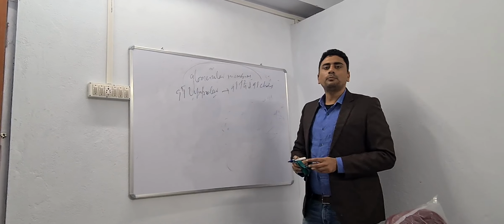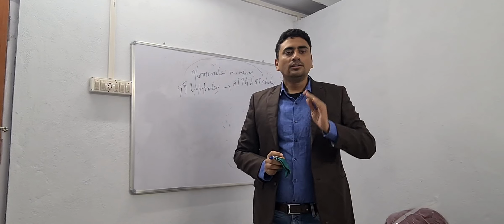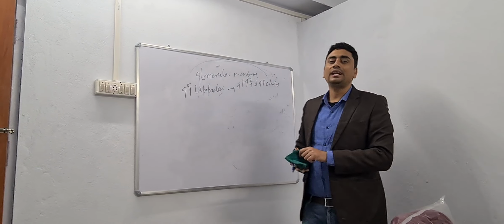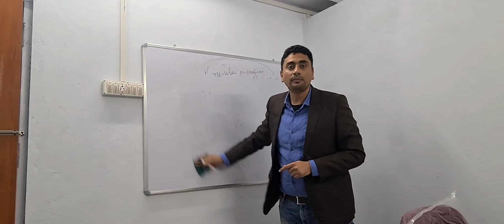And the most important point is why there is edema. In examinations, they ask the biochemical basis of edema in nephrotic syndrome patients. So what is the biochemical basis of edema?